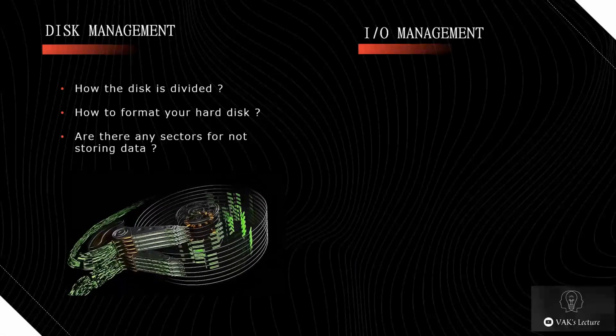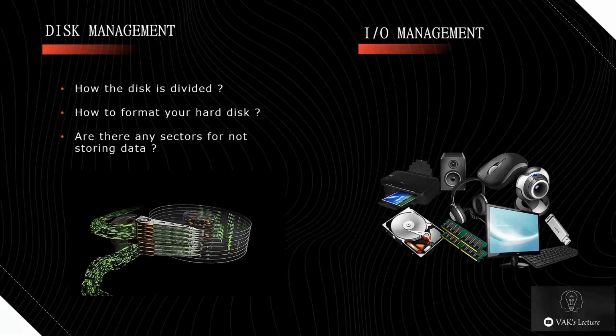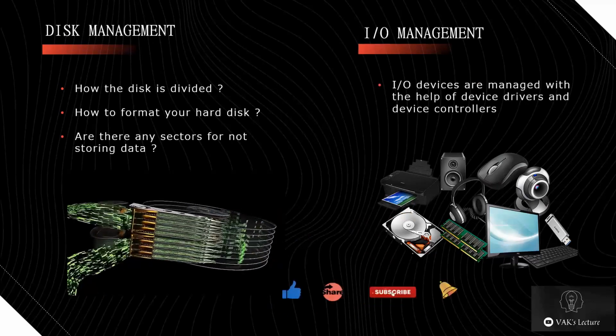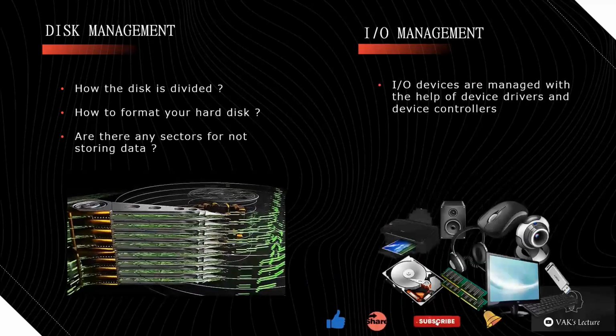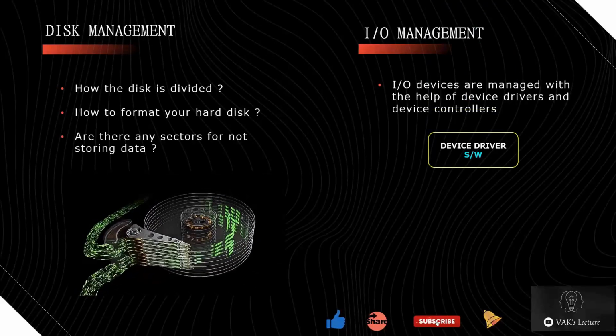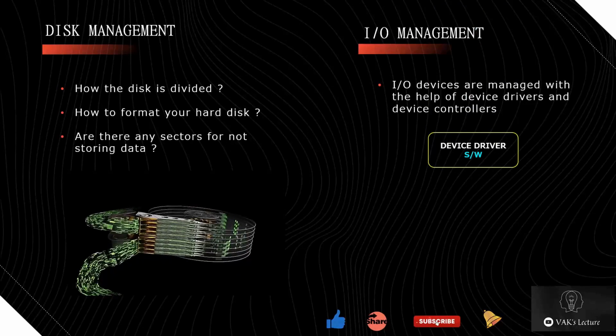I/O management is responsible for managing all the hardware devices of the computer system. This management can be done with the help of device drivers and device controllers. A device driver is software that controls or operates a particular type of device that is attached to a computer.